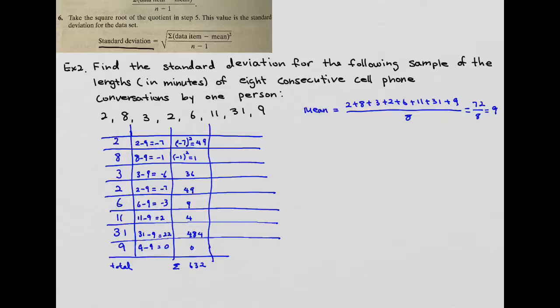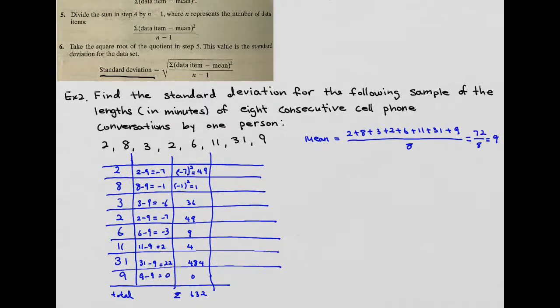Now the next step is to find the standard deviation. The standard deviation comes from the square root of that summation value, 632, over the number of data minus 1, so 8 minus 1.